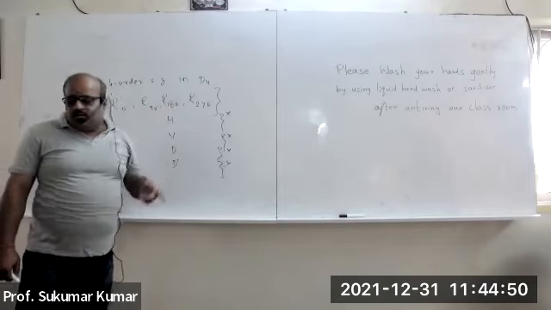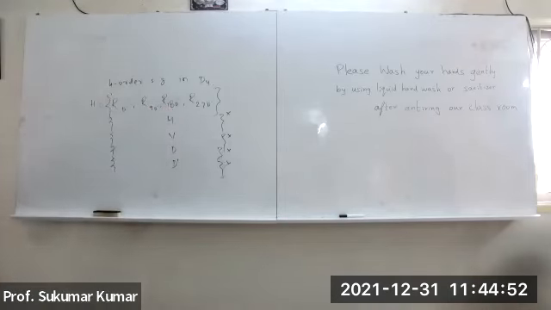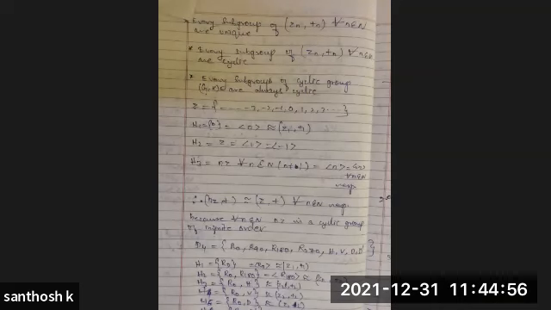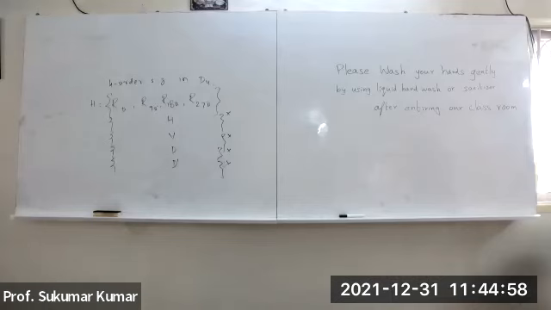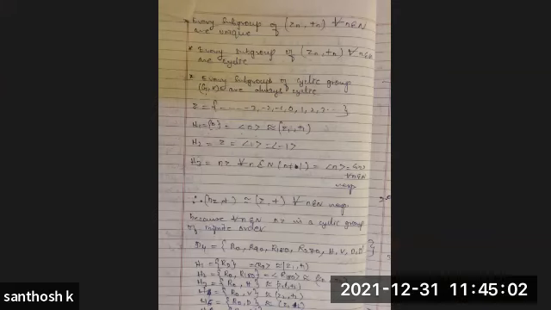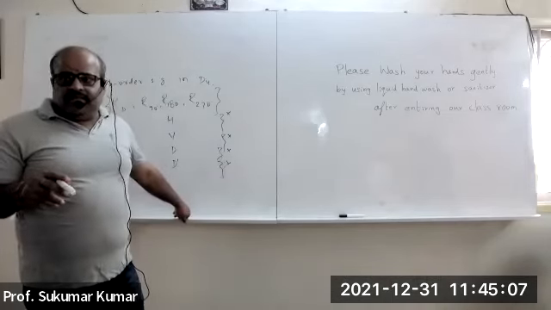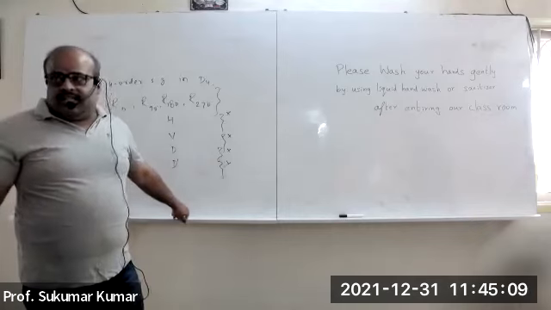I told you how to find subgroups. First, every group has 2 subgroups minimum: identity and the group itself. Next method is by order of elements. Next method is center and centralizer.